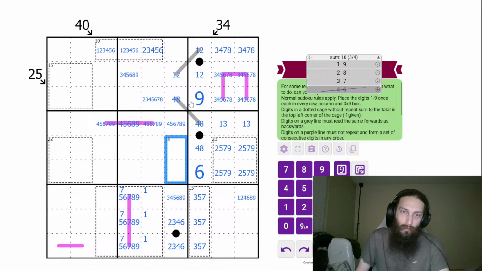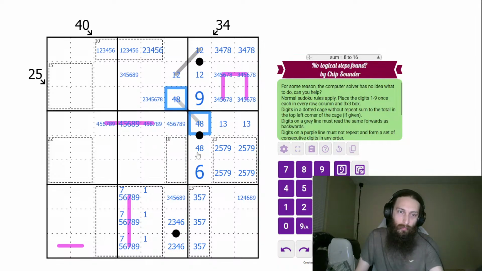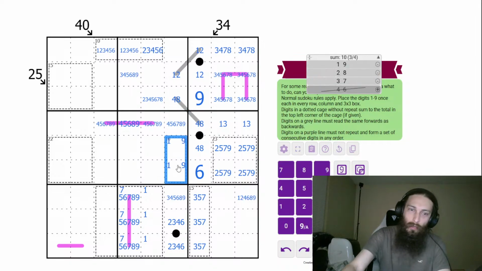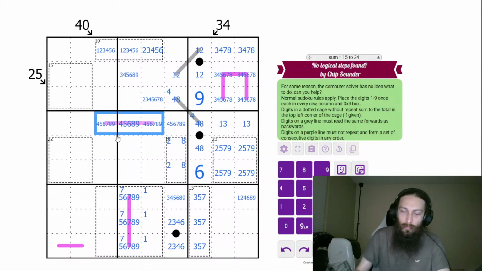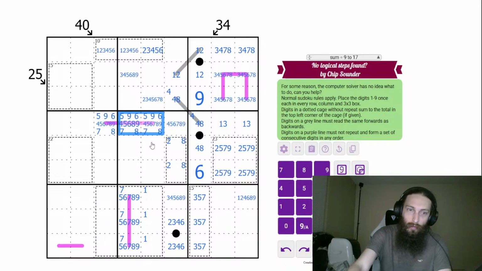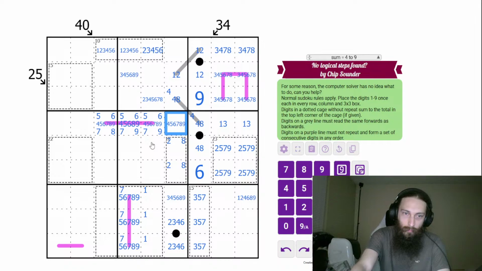If this is 3 and 7, then this is 8. If this is 1, 9, 4, 2, 8. Well, if this is 2, 8, then this ends up being 4s. So we get 5, 6, 7, 8, 9. Well, I couldn't put 8s in either of these two, so this one couldn't be a 9.